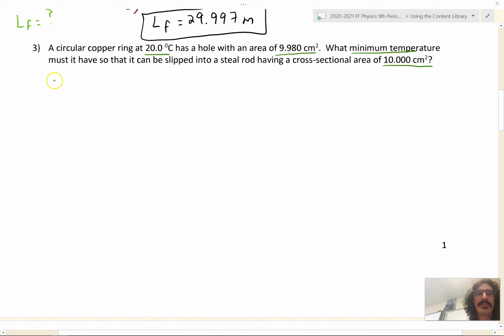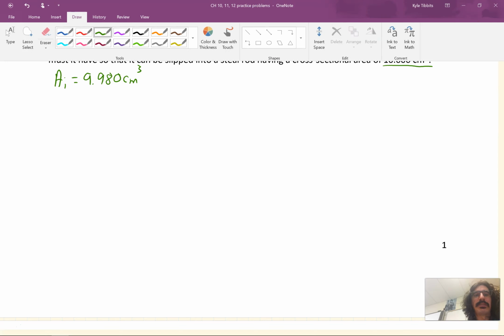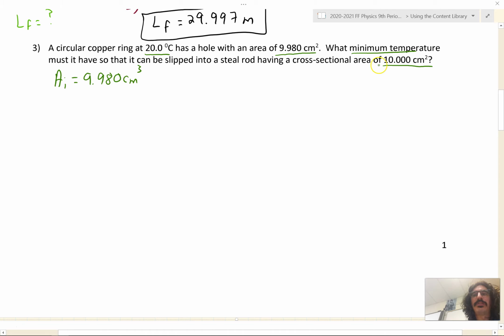So we could say that the initial area of the copper ring is 9.980 centimeters cubed. And we want it to expand to 10.00 centimeters cubed so it could fit inside it. Centimeters squared, I'm sorry.